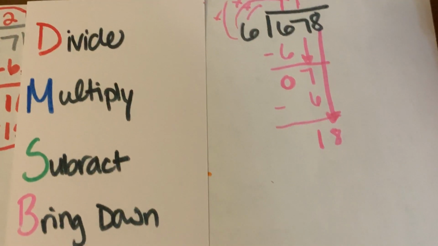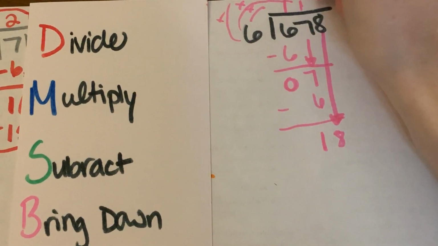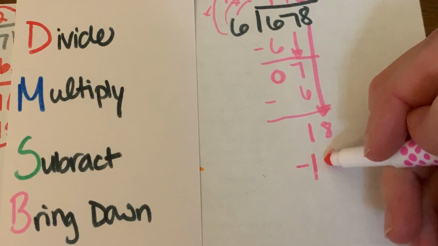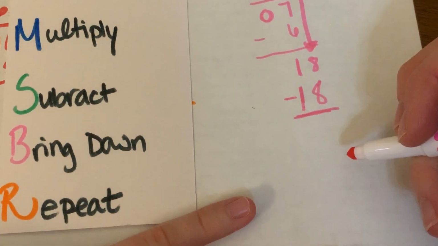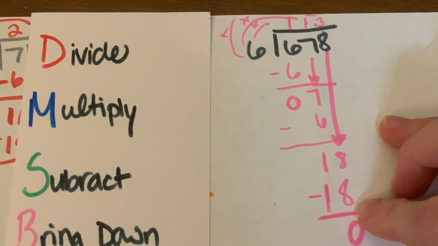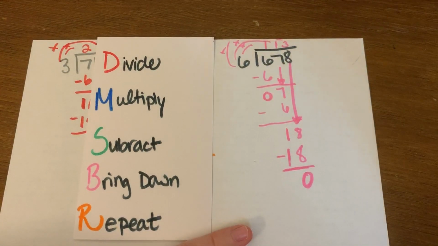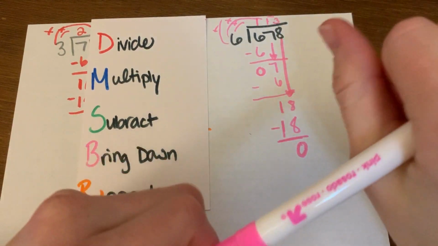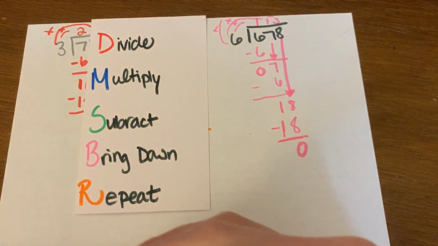And actually, that is going to come out nicely. 6 times 3 is 18. So, looks like no remainder again. Subtract 18, and I get 0. There's nothing left to bring down, so I'm good there. And so there's no reason to repeat. All right, 113 is our answer.